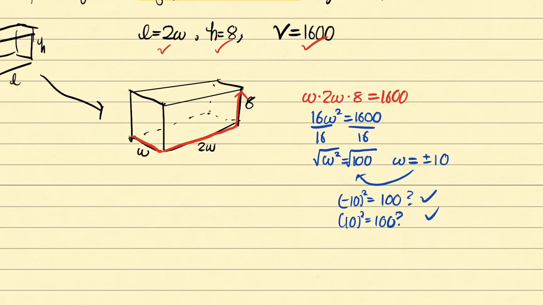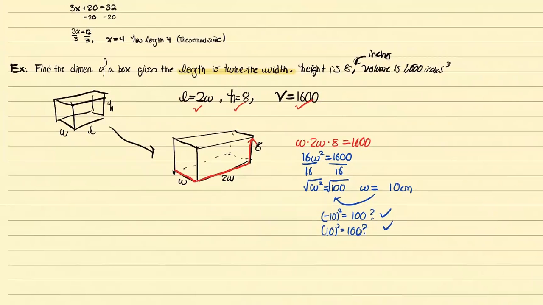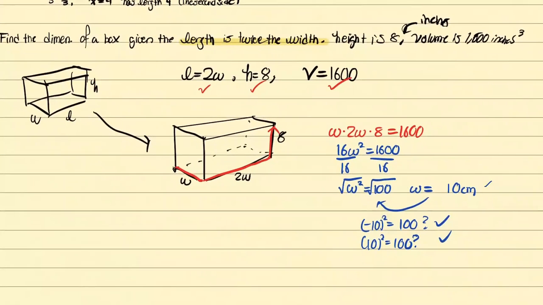But does it make sense to say the length of a box is negative 10 centimeters? No, right? We are only going to pick the positive one. So I'm not going to write that plus or minus. We don't have to worry about that quite yet. That's tomorrow. But I do know the width is 10 centimeters now. So now let's go back up and answer the question. I know width is 10, so I'm going to go all the way up here and plug in 10.